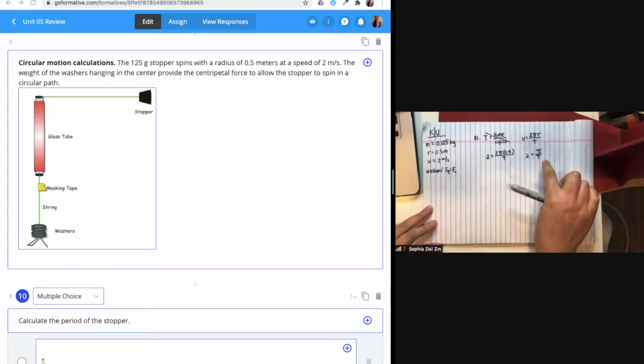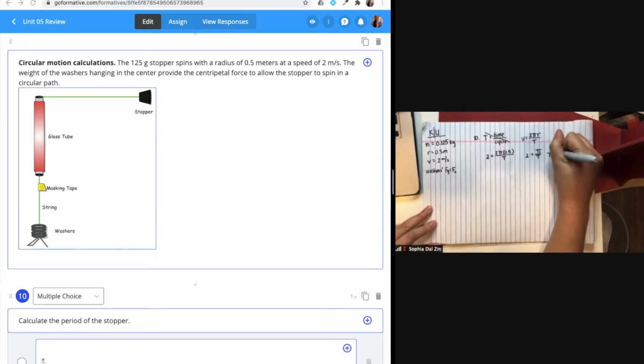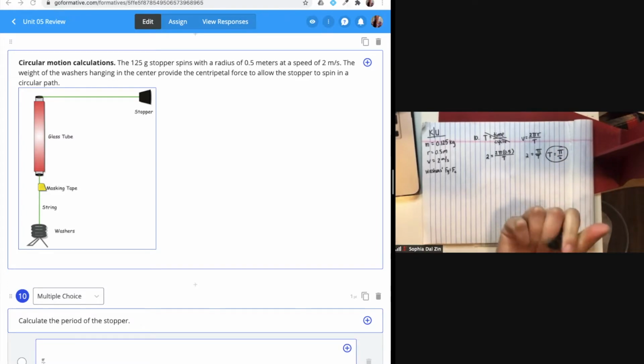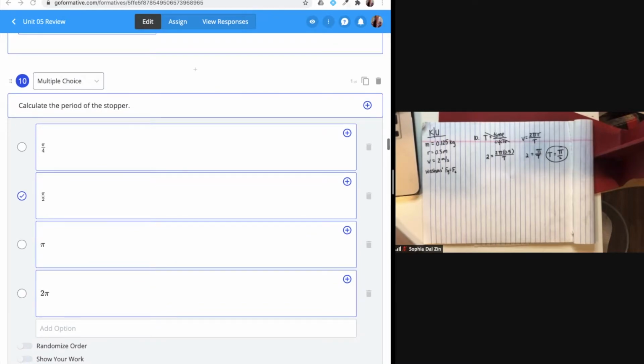I'm going to cross multiply t and 2. That leaves t is pi over 2. Or if you want to plug this in your calculator, you get t equals 1.57 seconds. You can also use that. That's why I got t is pi over 2.